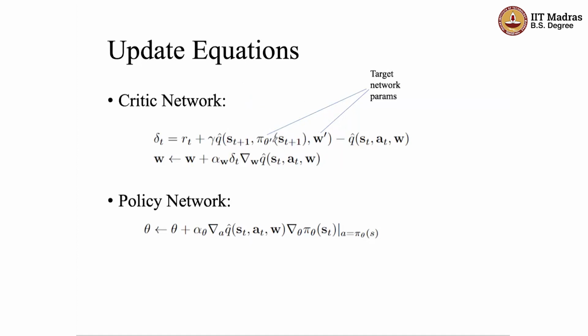So pi theta prime is the action suggested by the target network, and W prime is the parameters of the target network. And then you update the W just as you normally would, by following the gradient of Q with respect to W.